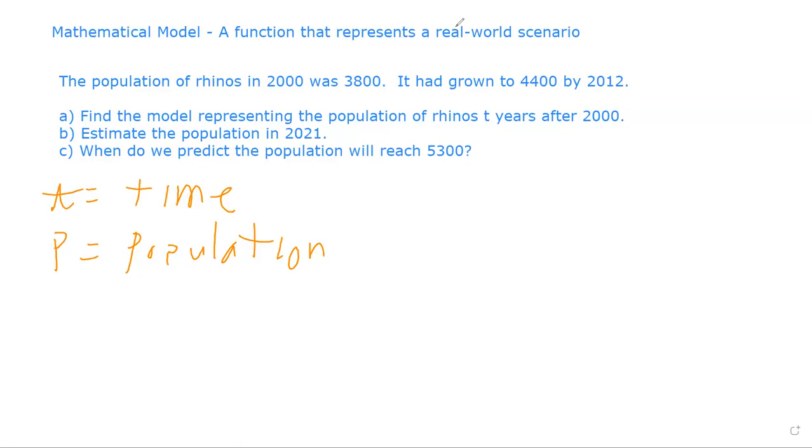So time, even though we don't really control it, we are going to be able to pick it. So that's going to be our independent. And that would make our population the dependent.